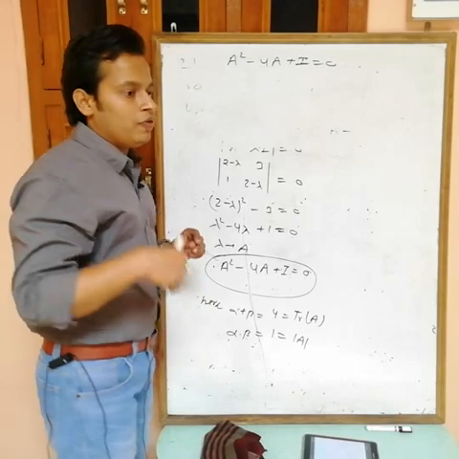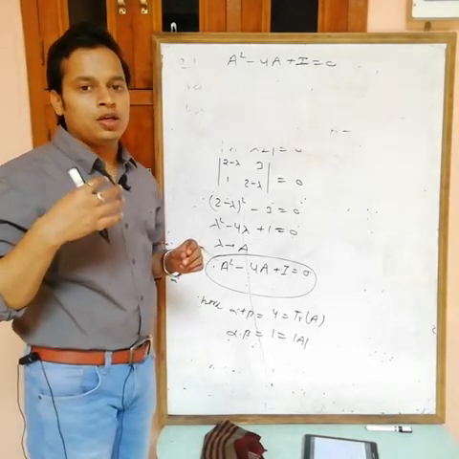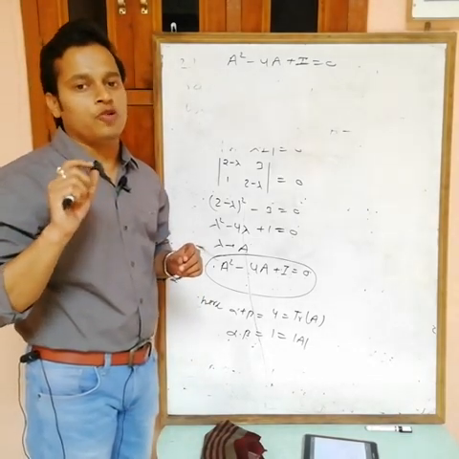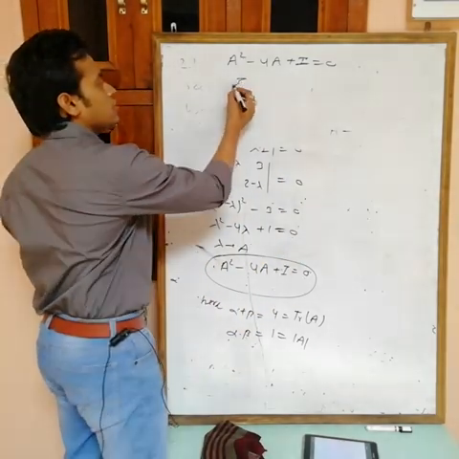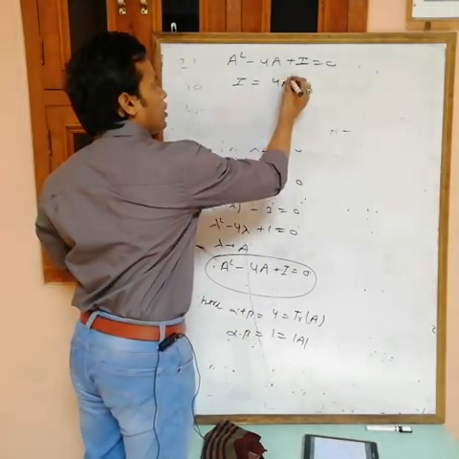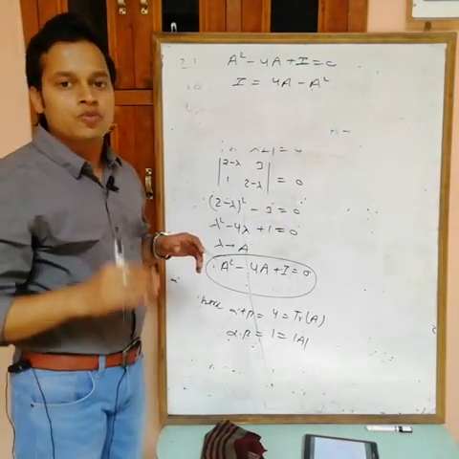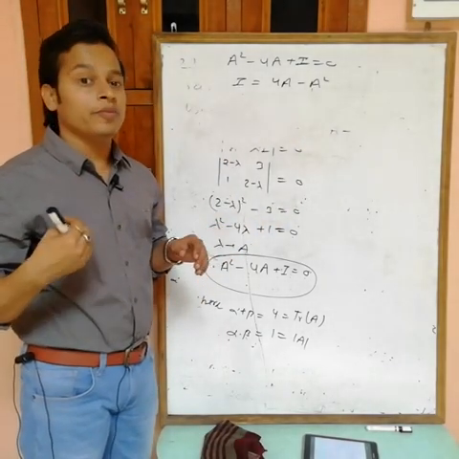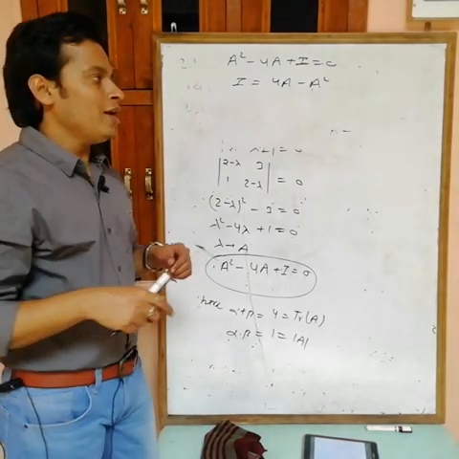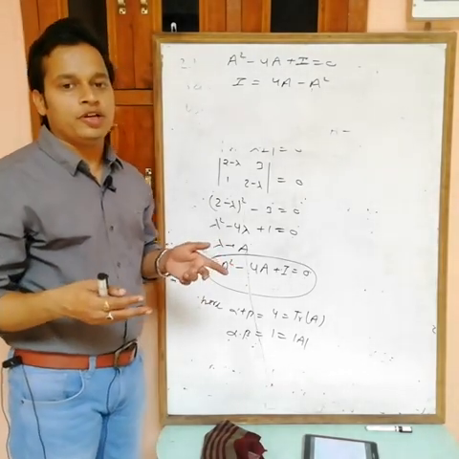Now to find the inverse by using any equation in terms of matrices, first find the value of I. Then I equals 4A minus A square. We want A inverse, so multiply with A inverse, if determinant of A is not equal to 0, since A inverse is only defined when the determinant is not equal to 0.